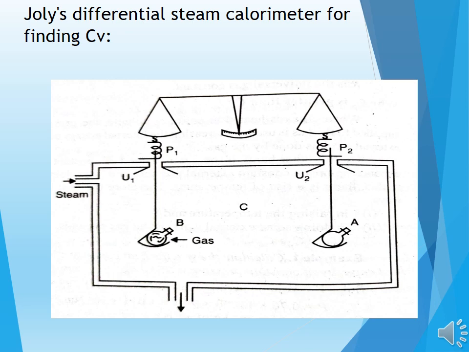To find the specific heat capacity at constant volume, Cv, we use Joly's differential steam calorimeter. In this apparatus, two hollow metal spheres A and B, exactly similar in volume and mass, are suspended inside the steam chamber C. The two spheres are fixed in the pans of a sensitive balance.